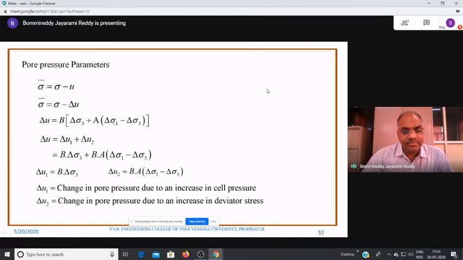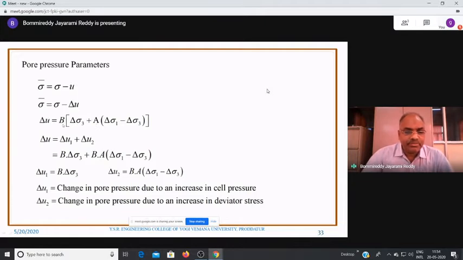And A multiplied by delta sigma 1 minus delta sigma 3. Already you know sigma 1 minus sigma 3 is called the deviator stress, so this difference is called the change of the deviator stress. Whereas A and B here are the pore pressure parameters.